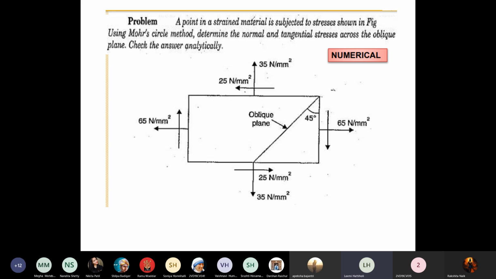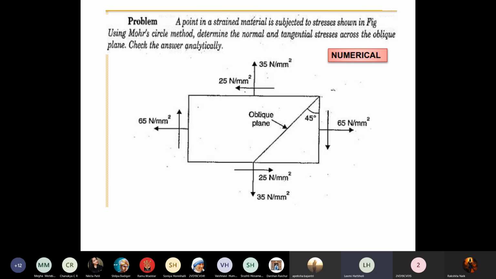See, direct tensile stress, which is maximum? Sigma x is maximum or sigma y is maximum? Irrespective of positive or negative, you should answer me. Of course, here both are tensile, but irrespective of compressive and tensile, just see sigma x and sigma y, that is direct stress.